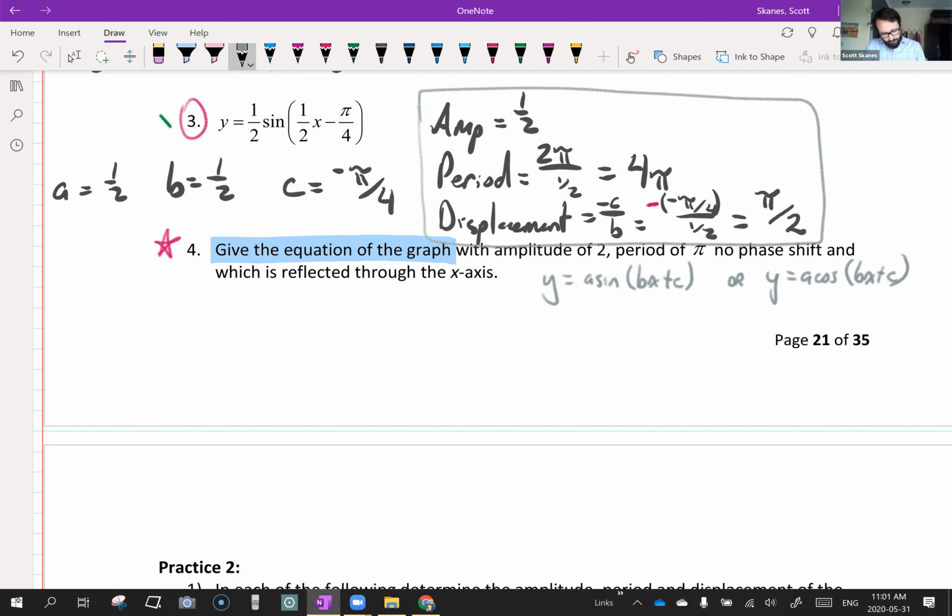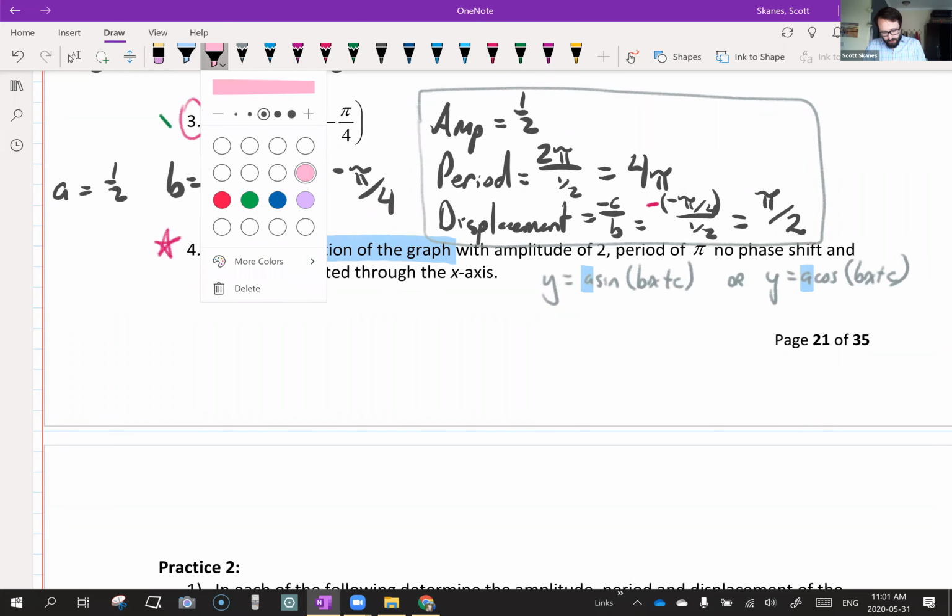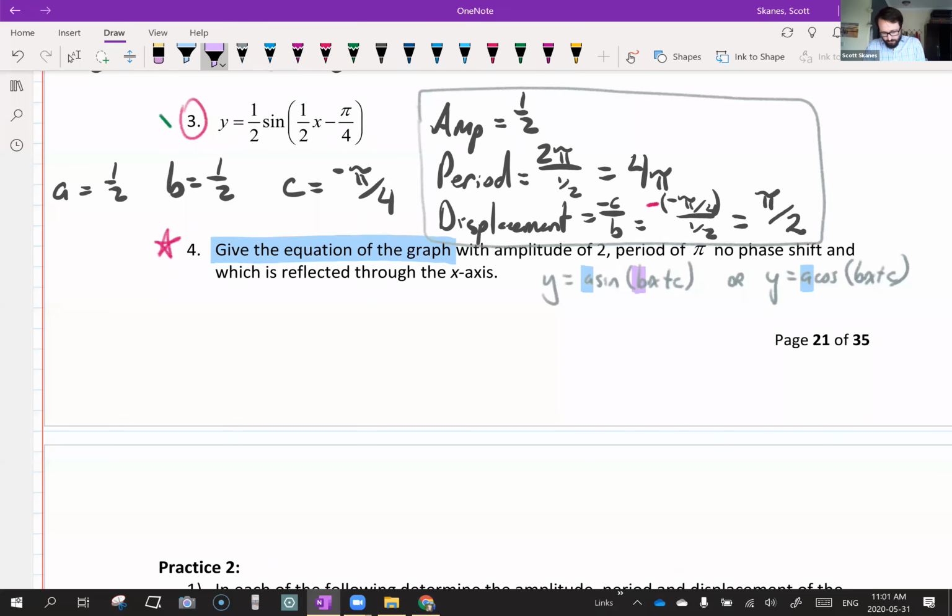So one of these, and really we're looking for its three pieces. We need A in either one. We also need B, and we need C. The nice thing about these questions, though, unlike Unit 3, where we had to find the equations and it was a lot of work, these are not a lot of work. These are actually pretty simple.